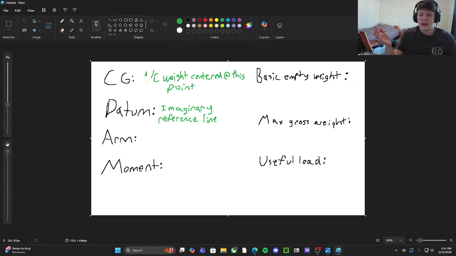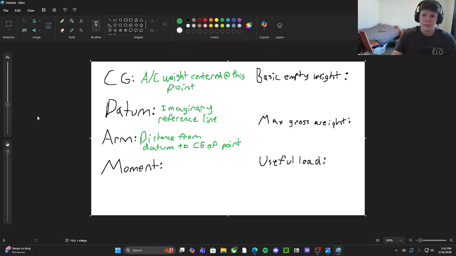The next term we have is arm. Arm is just the distance from that imaginary reference line, that datum, to the specific point that we are talking about. Whether that be the seats where the pilot and passengers sit, or where the fuel is, or where the baggage is, that would be an arm, that distance from the datum to where those things are.